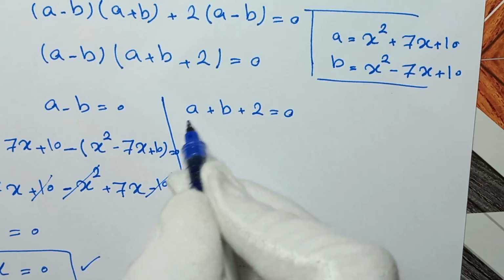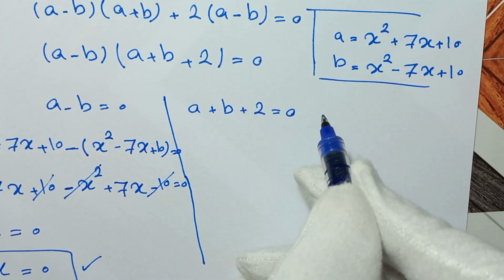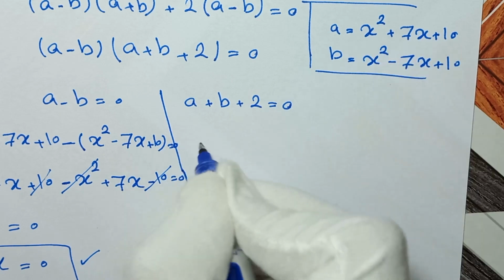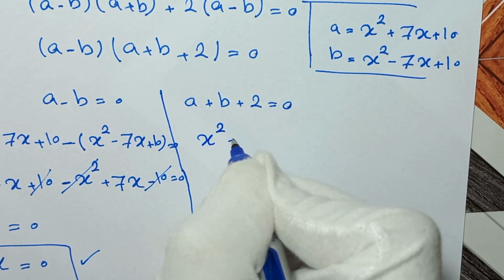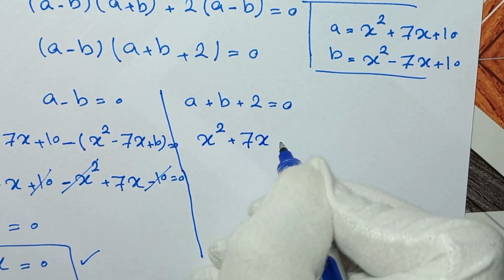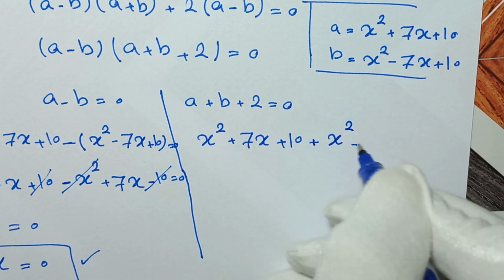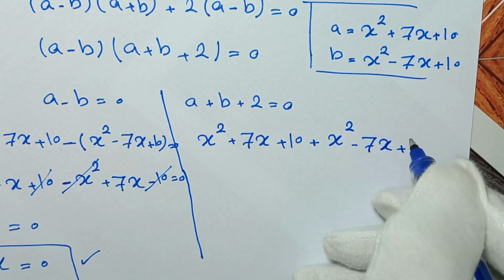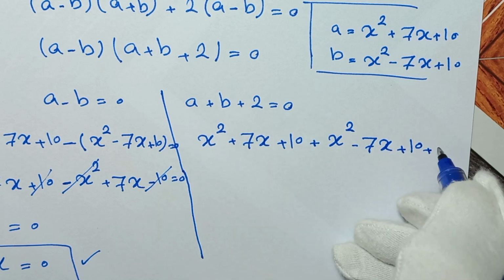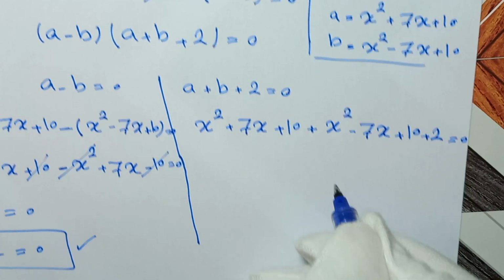And in here we have a plus b plus 2 equals 0. And a, from here, is x squared plus 7x plus 10, and b is x squared minus 7x plus 10 and plus 2 equals 0.